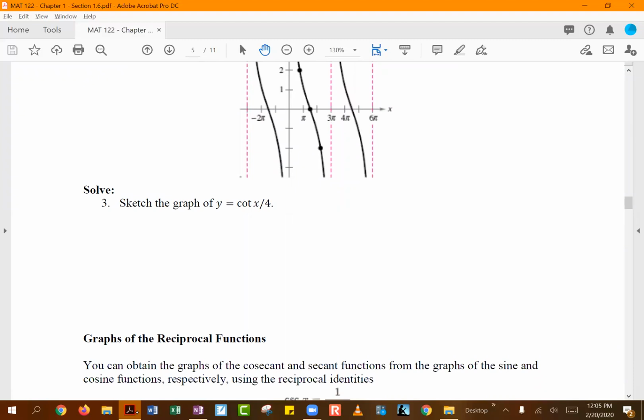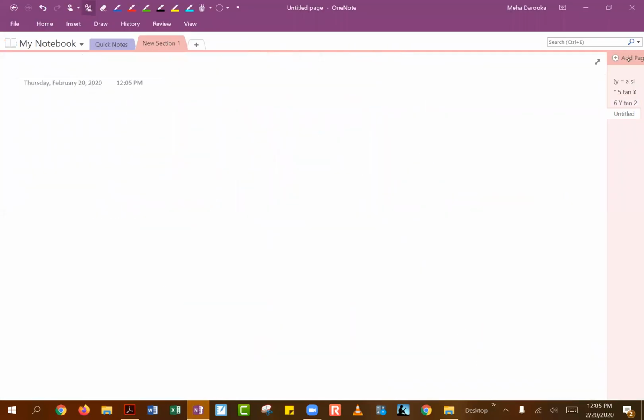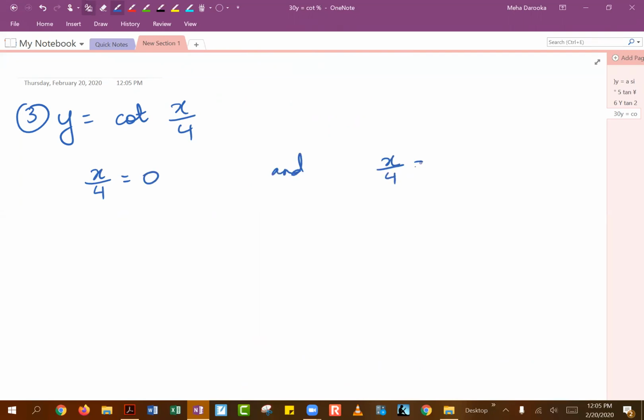Y equals cotangent of x over 4. Remember, for cotangent function, you take your x over 4, set it equal to 0, and x over 4 equal to pi.